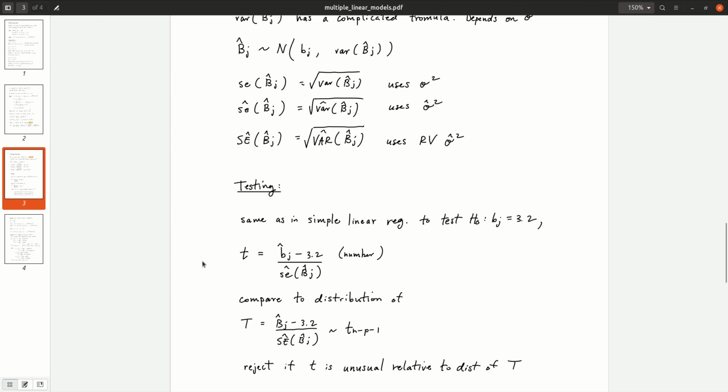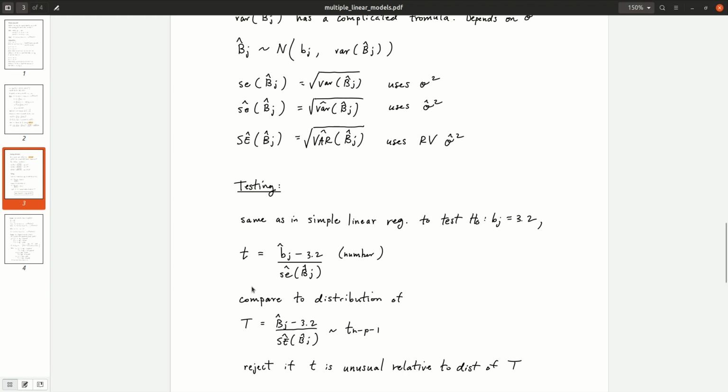The testing works basically exactly the same way it did in simple linear regression. If you want to test a hypothesis such as b sub j equals 3.2, we construct the t-statistic: b hat j, our estimate of the jth regression coefficient, subtract off its hypothesized value, and divide by the sample standard error.